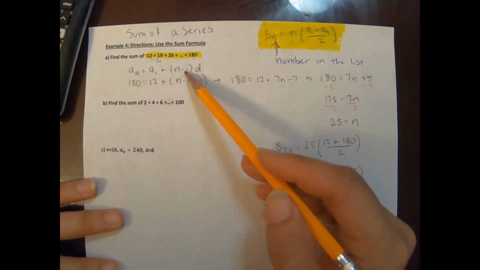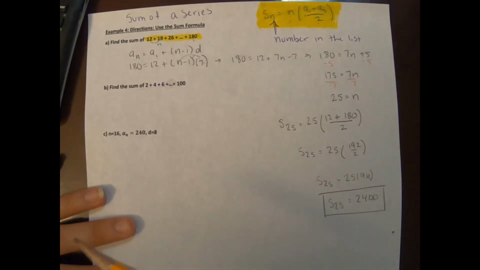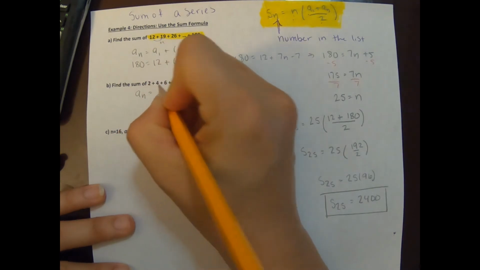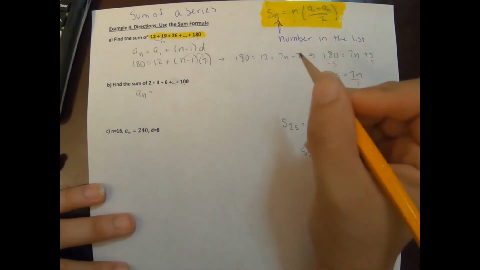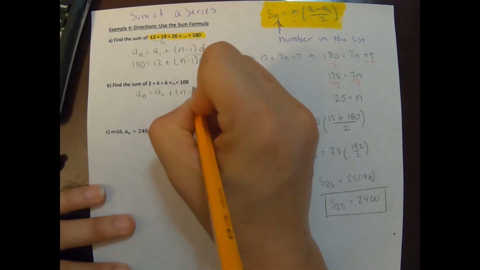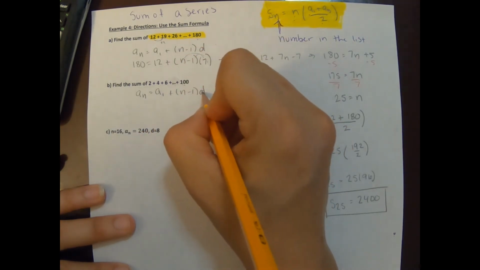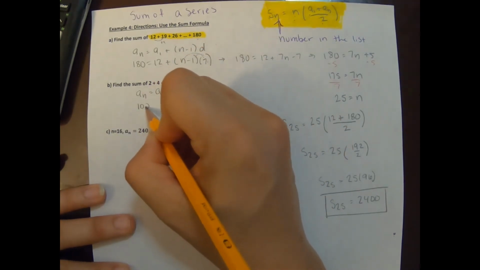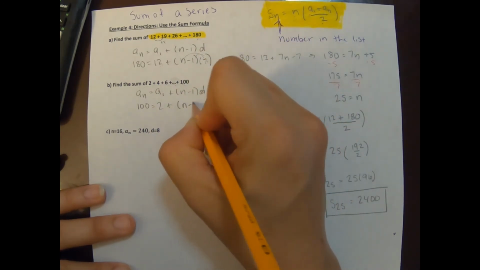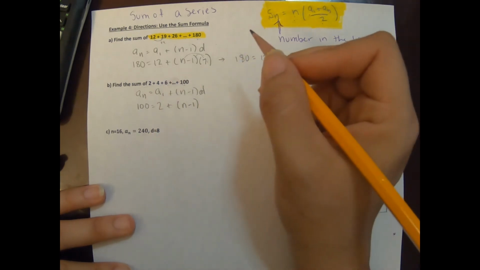We're going to plug in to the arithmetic sequence formula to figure out what number in line 100 is. So 100 is the first term plus, we don't know. And these are going up by 2s.